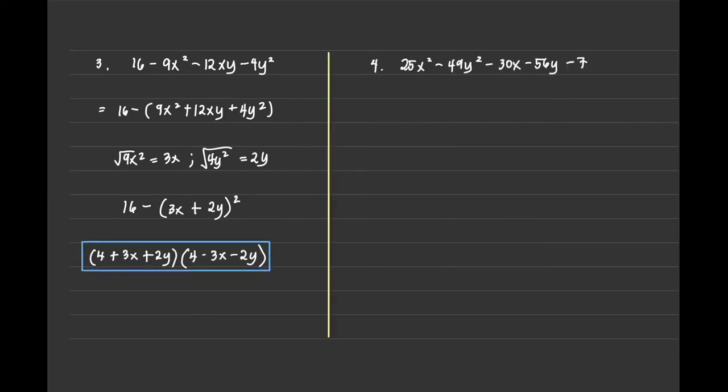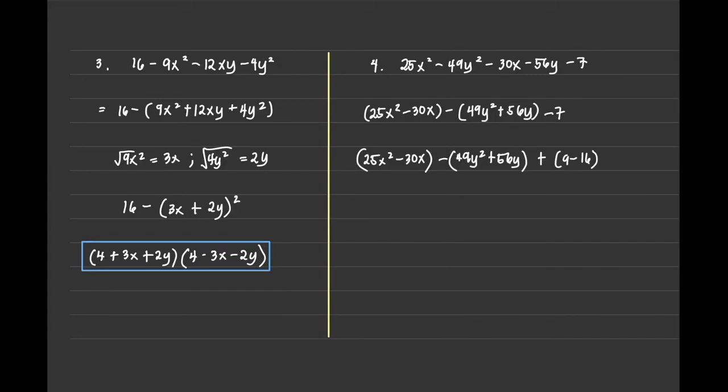For number 4, let's try to group the terms. In this example, notice that if the x's and the y's are grouped, we'll be lacking another term for a PST. So we try to rename the remaining term, which is negative 7, into 9 minus 16. We have.